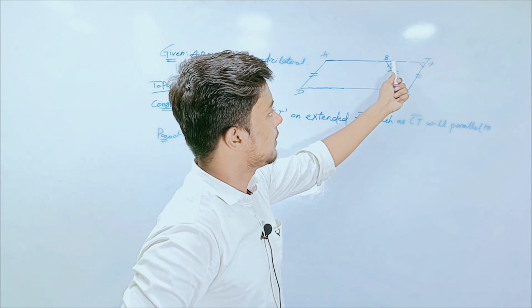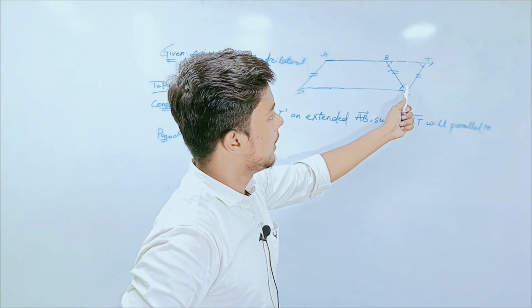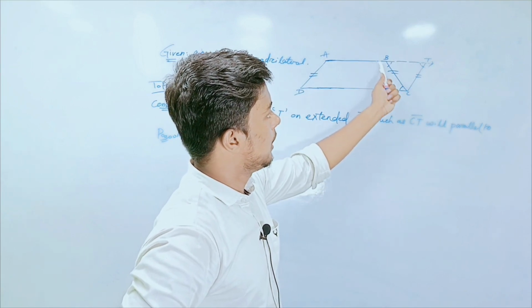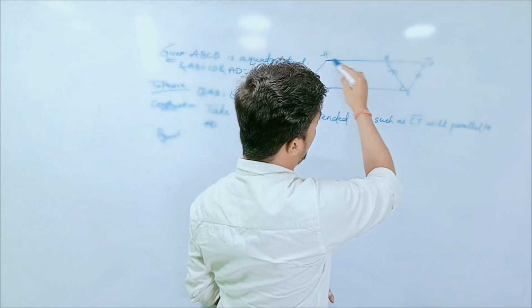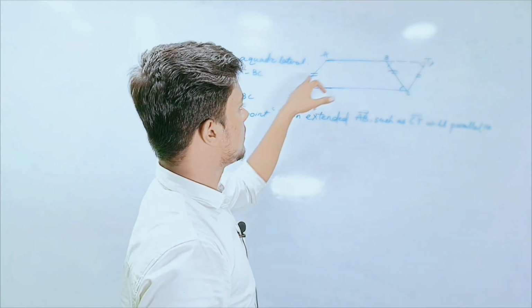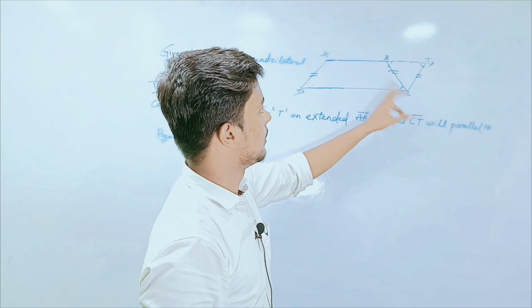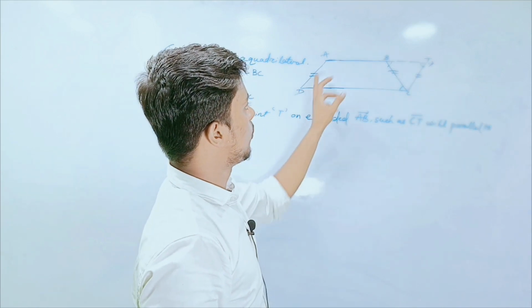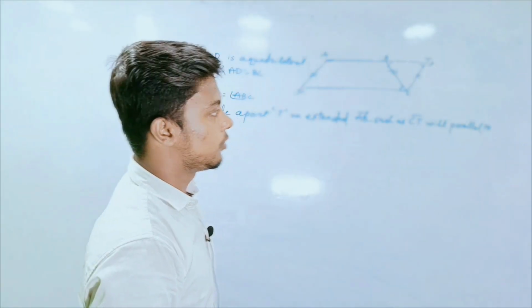So angle DCT, the total angle, becomes equal to ABC. So angle DAB equals DCT, and DCT equals ABC, so DAB equals ABC. That was the proof.